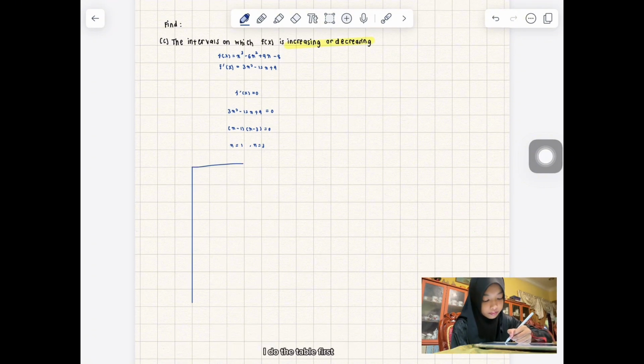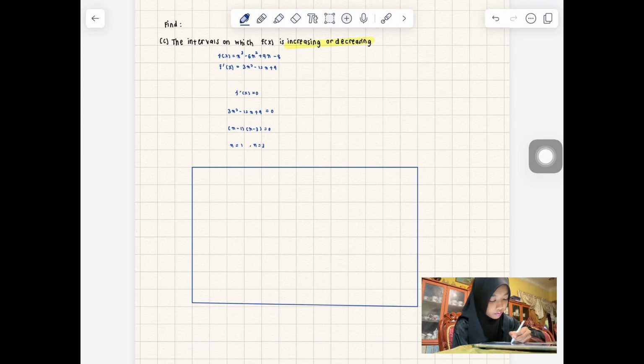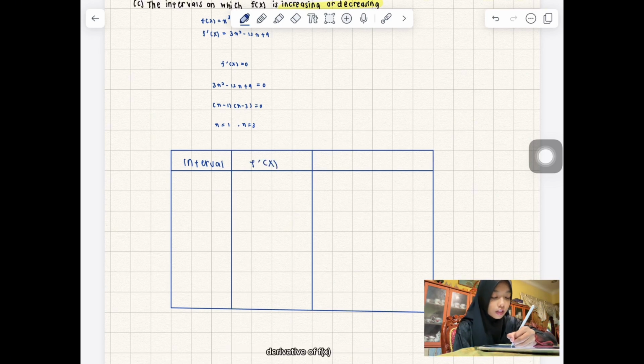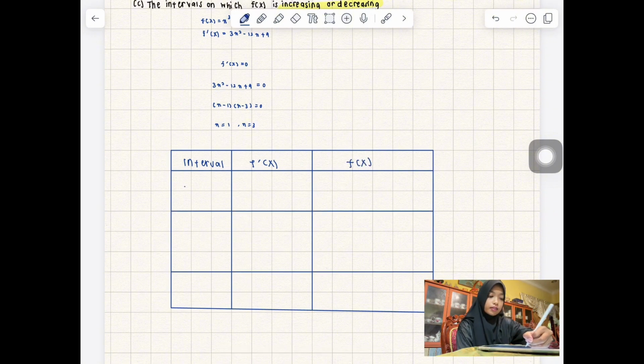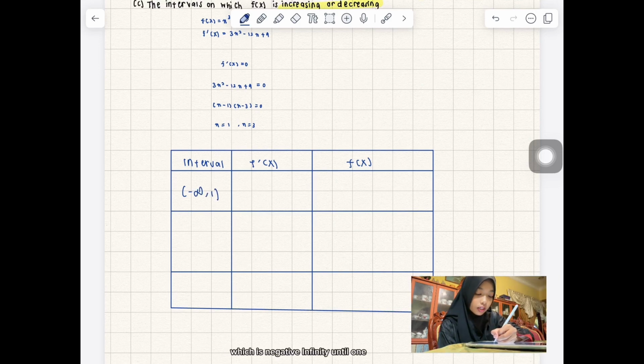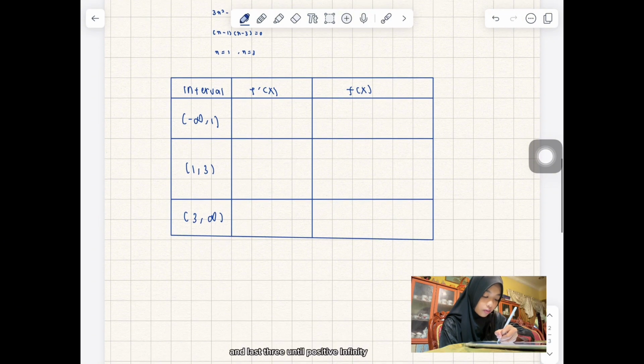In the first column, we put the interval. In the second column, we put the derivative of f(x). In the third column, we put f(x). We have 3 intervals: negative infinity until 1, 1 until 3, and 3 until positive infinity.